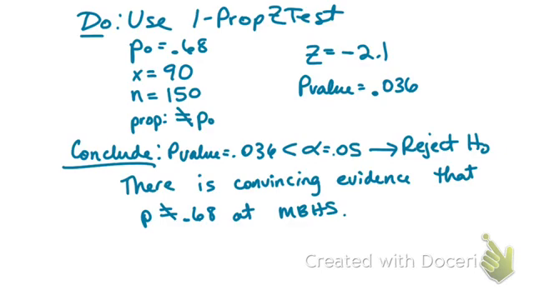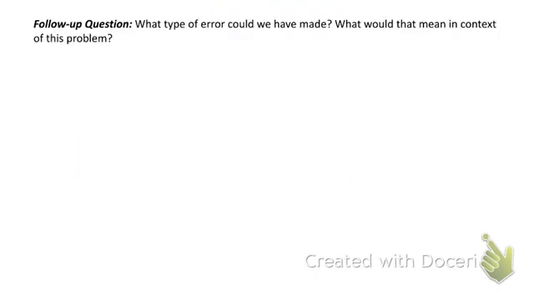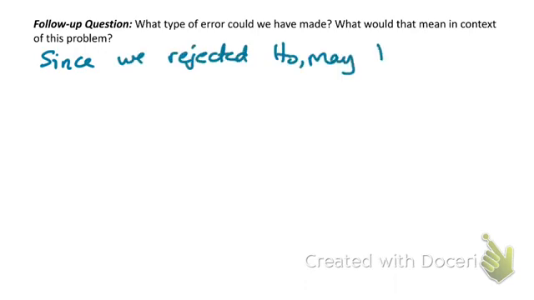Because of the fact that we have rejected the null hypothesis, what kind of error might we have made? Right, a type 1. So, since we rejected the null hypothesis, we may have made a type 1 error.